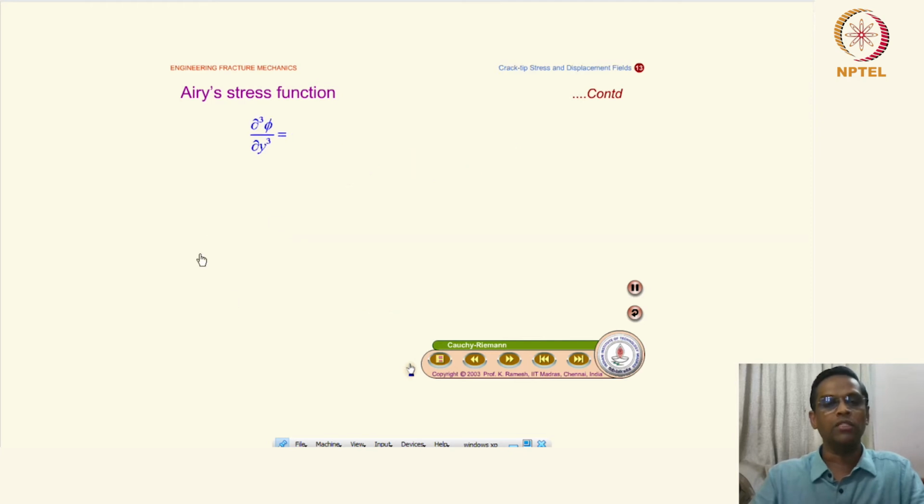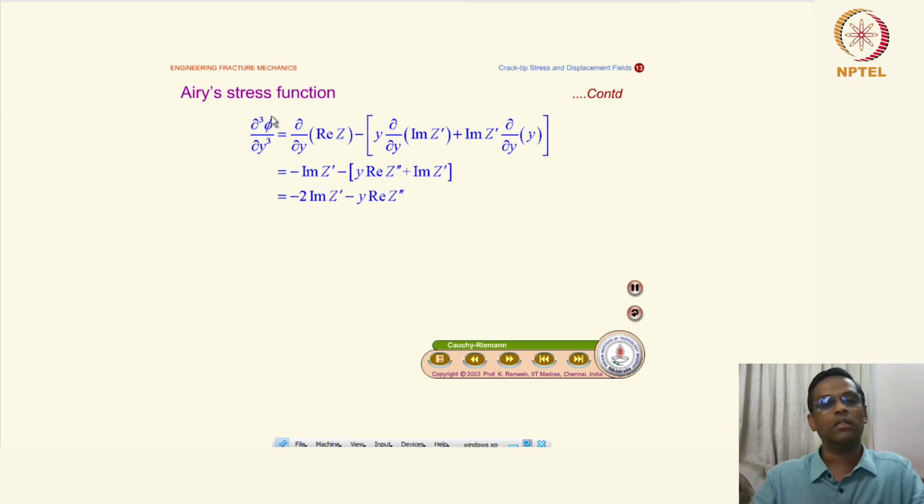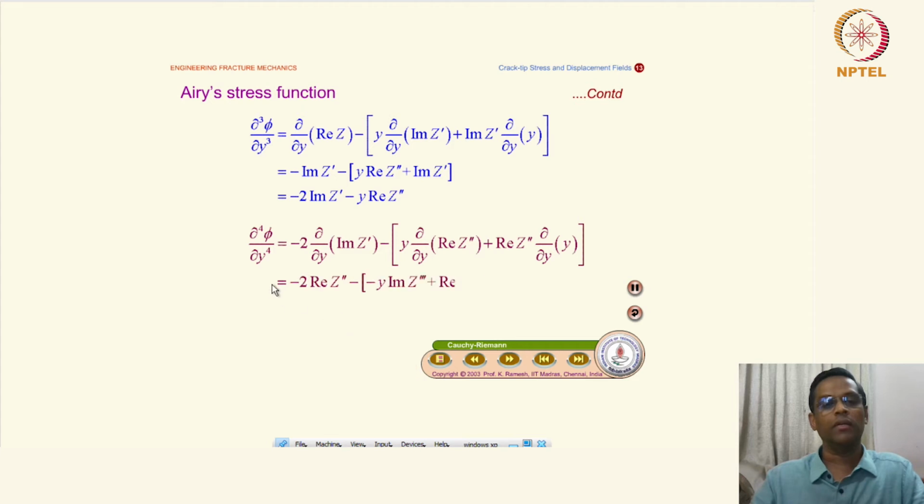So we are trying to get all the quantities for the biharmonic equation. Now you substitute this and obtain the cross term, which is minus 2 imaginary part of z prime minus y real part of z double prime. This is a simple substitution and rearrangement, and for this quantity you will get this.